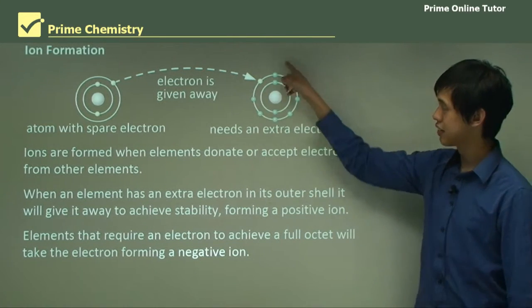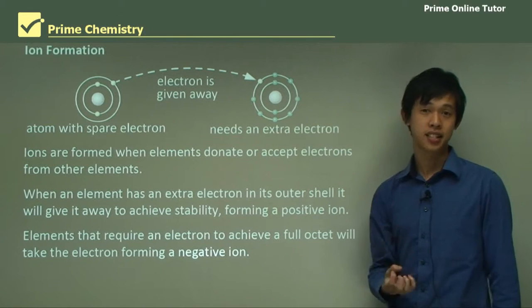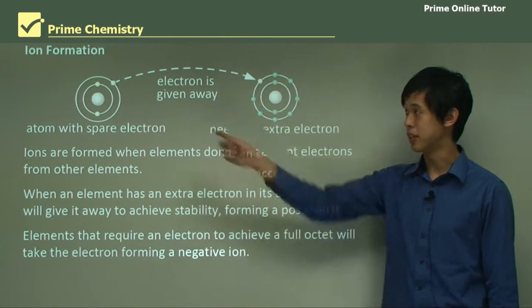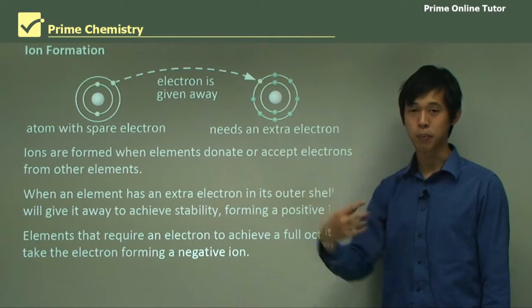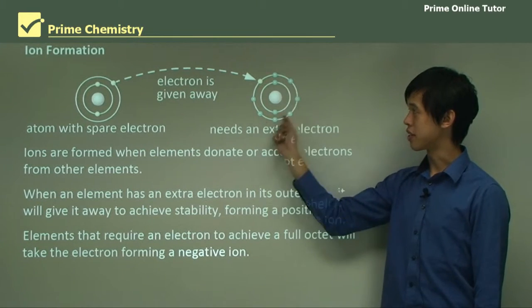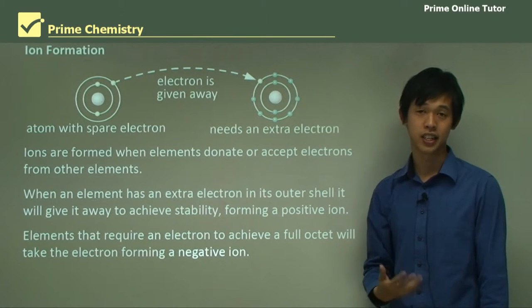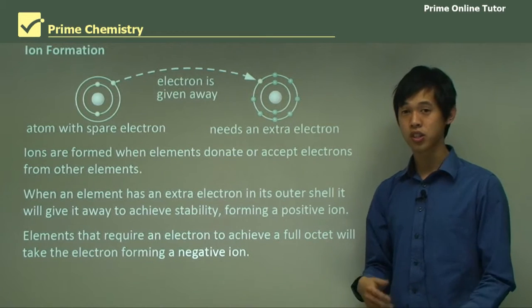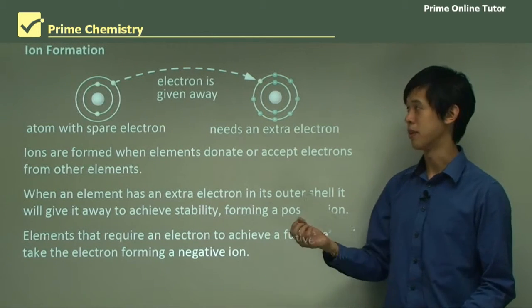Now, in this case, this guy wants 8 in its outer shell, or it could just drop its outer shell and get 2, similar to what's happening on that side. But the problem is, in order to drop this whole shell, it has to get rid of 7 electrons. So just imagine trying to get rid of 7 electrons, or you could just grab a new one from somewhere else.